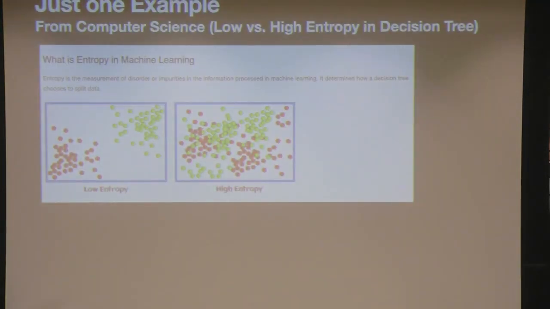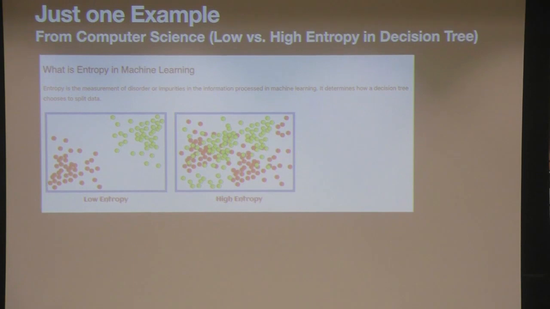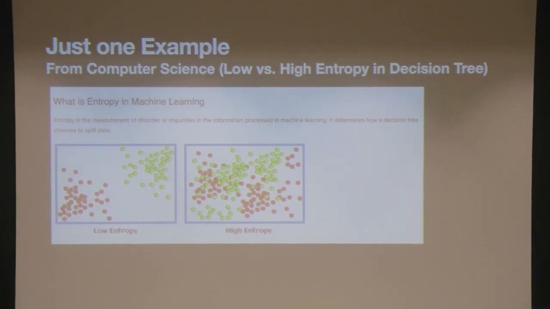So this is just an example from computer science. We have a decision tree where the decision has to be made by a computer about where to draw the dividing line. And here we have a low entropy system. So this does tie into that idea about organization versus disorganization entropy.